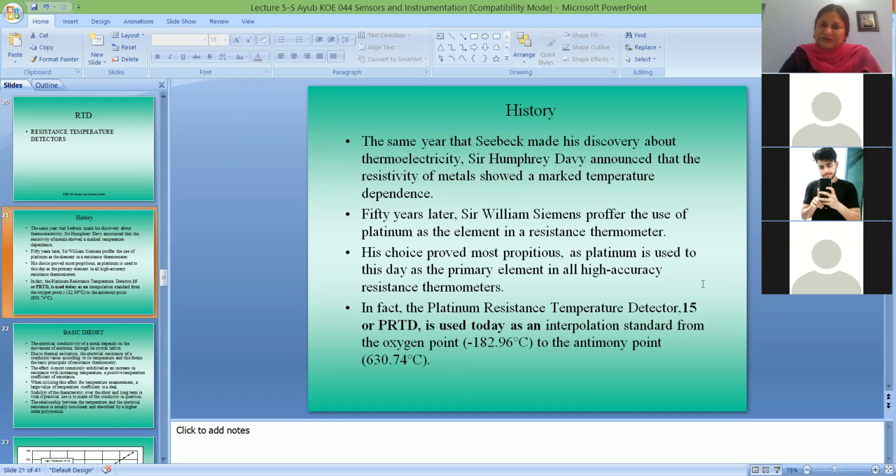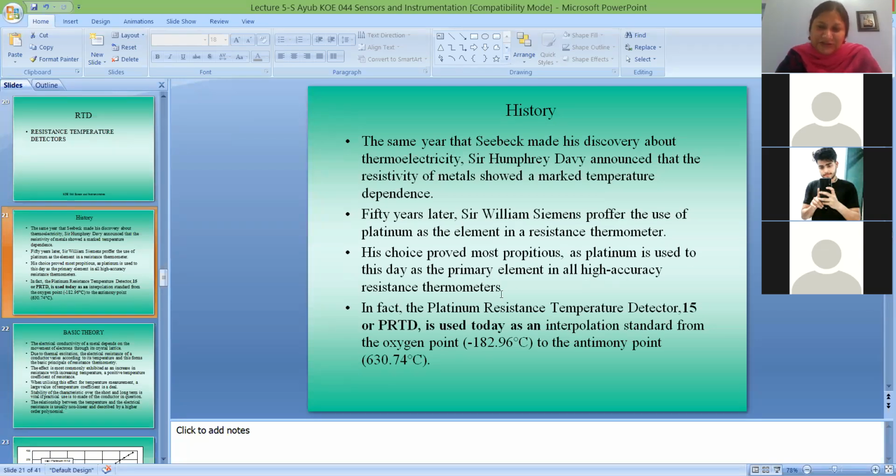In the same year that Seebeck made his discovery about thermoelectricity, Sir Humphry Davy announced that the resistivity of metals showed a marked temperature dependence. Fifty years later, Sir William Siemens proffered the use of platinum as the element in a resistance thermometer. His choice proved most propitious, as platinum is used to this day as the primary element in high accuracy resistance thermometers.